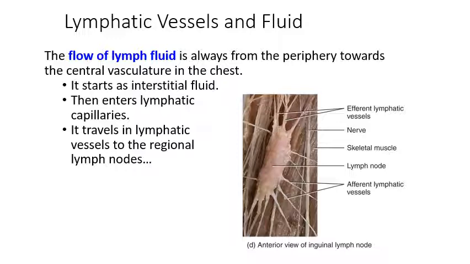Then we pass through lymph nodes, which act as basically filters. So lymph nodes are going to act as filtration stops for this lymphatic fluid as it moves back towards the chest. So in that lymph node, you'll find lots of immune cells that are there to devour any pathogens that they may find in this lymphatic fluid.